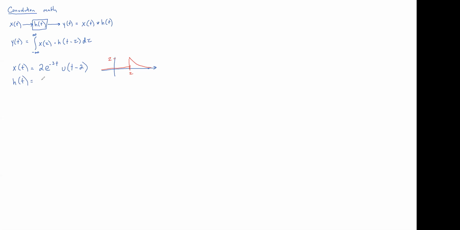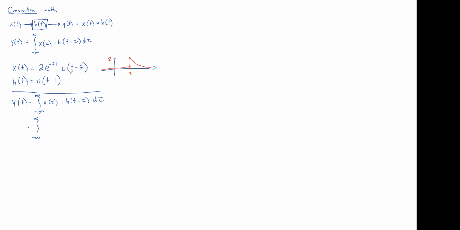Our impulse response, let's say it looks like a delayed step. Then we can set up our answer. We can find our output is the integral from negative infinity to infinity of x of tau times h of t minus tau d tau. That'll be the integral of x of tau.